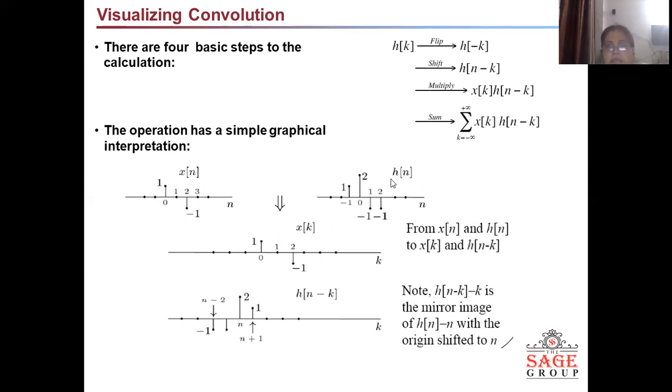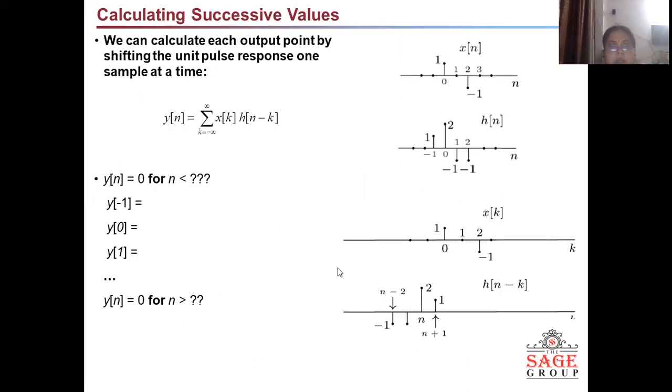Then h[k] is first flipped about the vertical axis, and then shifted to the positive side. Now we can calculate each output point by shifting the unit pulse response one sample at a time. So we take different values of n, multiply x[k] with h[n minus k], and we can perform the mathematical operation of convolution between the two signals.